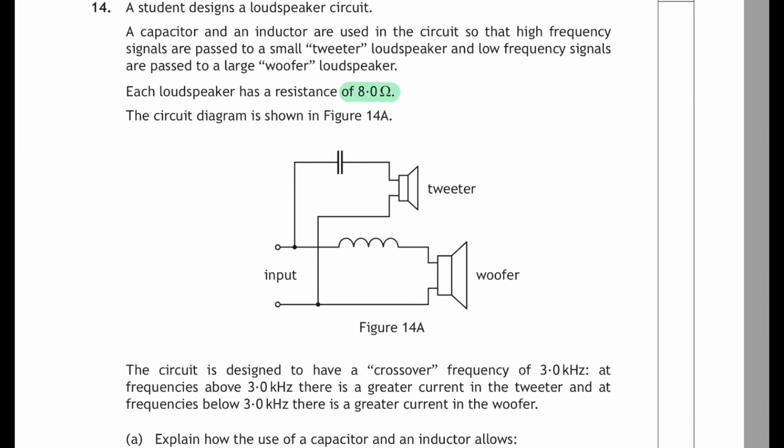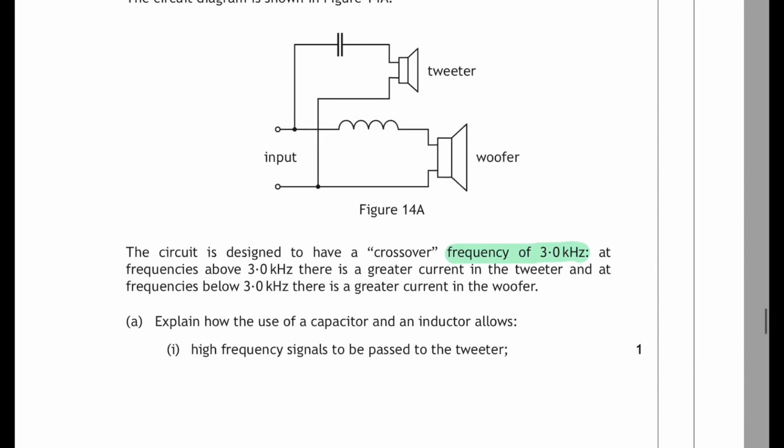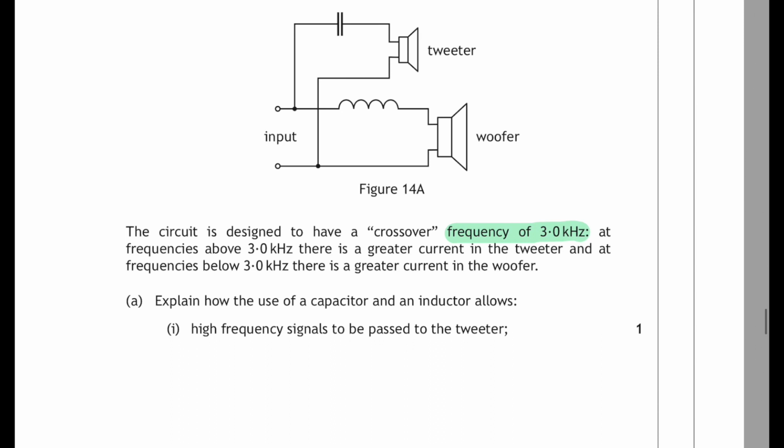Now the circuit is designed to have a crossover frequency of 3 kHz. At frequencies above 3 kHz, there's a greater current in the tweeter, and at frequencies below 3 kHz, there is a greater current in the woofer.